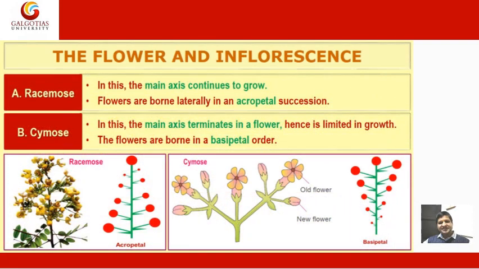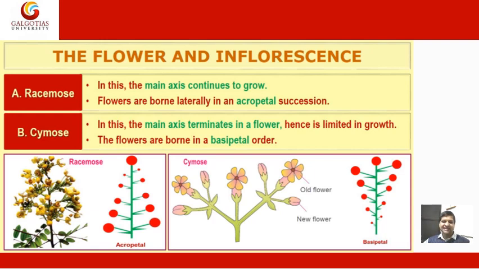Racemose: in this, the main axis continues to grow. Flowers are borne laterally in an acropetal succession. But in cymose, the main axis terminates in a flower, hence is limited in growth.